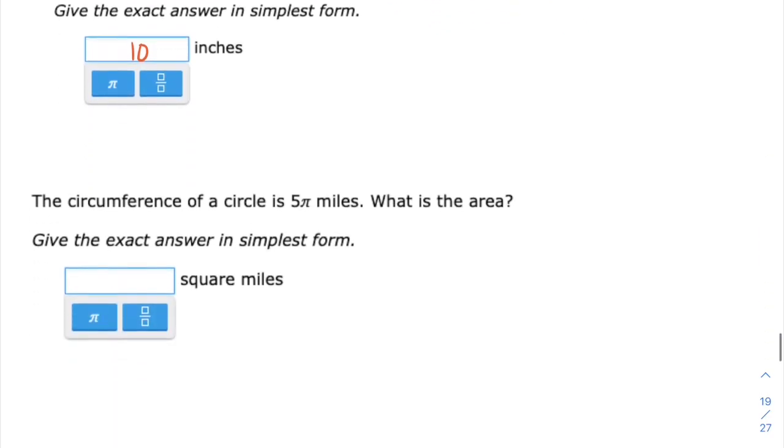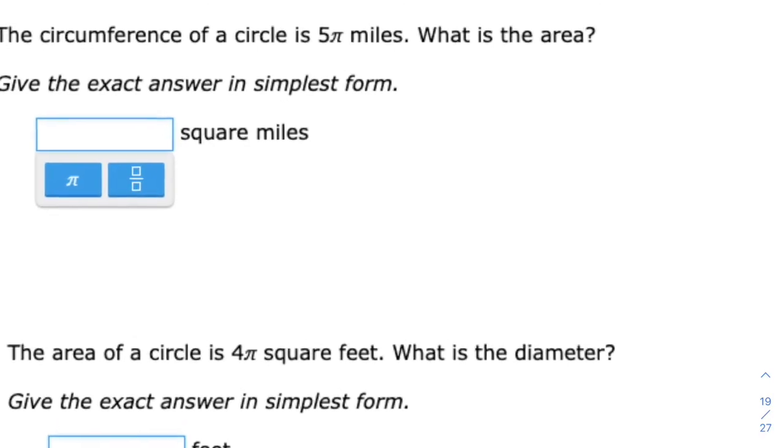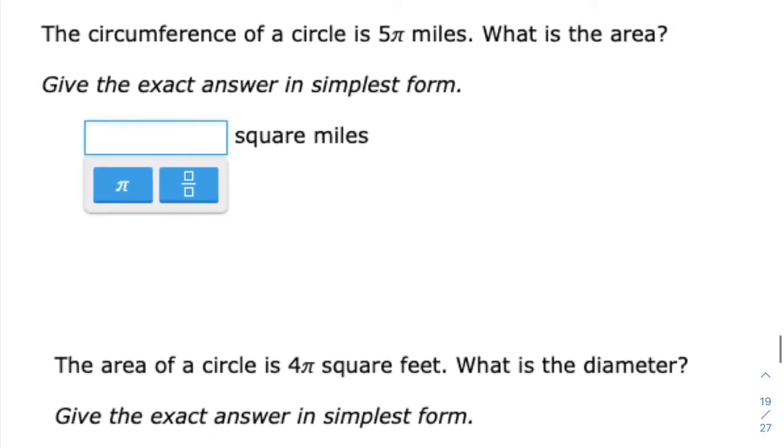Okay, let's see. I don't have too many left. I have 2 more. Now, these are word problems. It looks like the first one's working backwards and then working forward, and the same thing for the second one. So we have circumference equals 2 pi r.